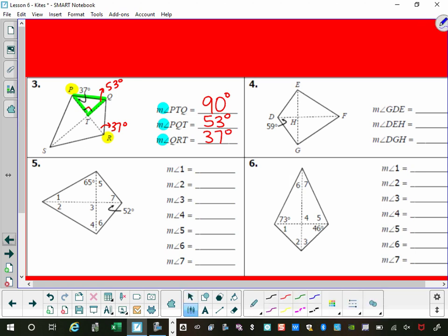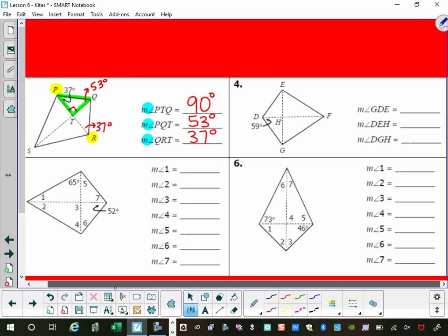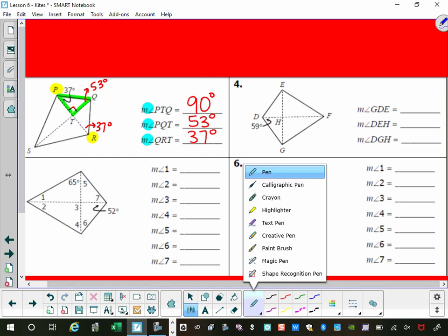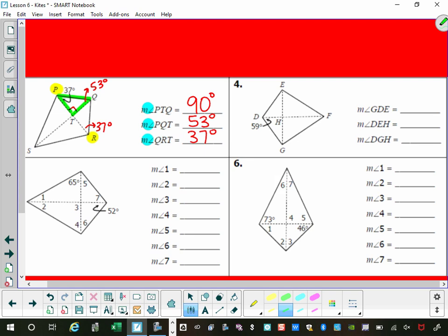Number 4, moving on. They told us this top angle here was 59 degrees. I'm looking at this part right here. I'm breaking it down to a triangle. Where this H is, what measurement should that be? 90, that's your right angle.